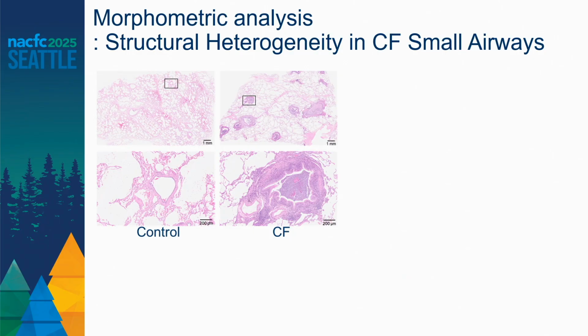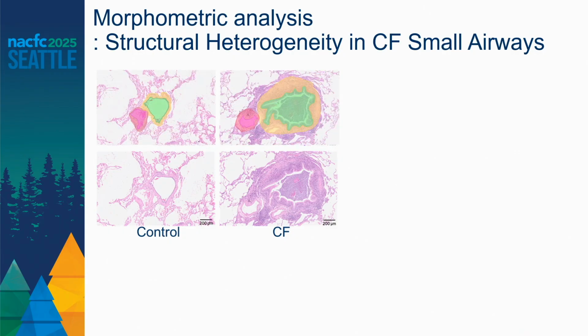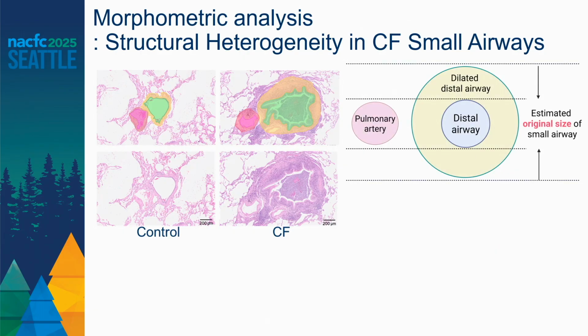To compare airway diameters, like in CF morphometric studies, we have to reference the original size of the airways. In order to do that, we checked pulmonary arterial diameters for reference and estimated the original size of small airways using these pulmonary artery diameters.